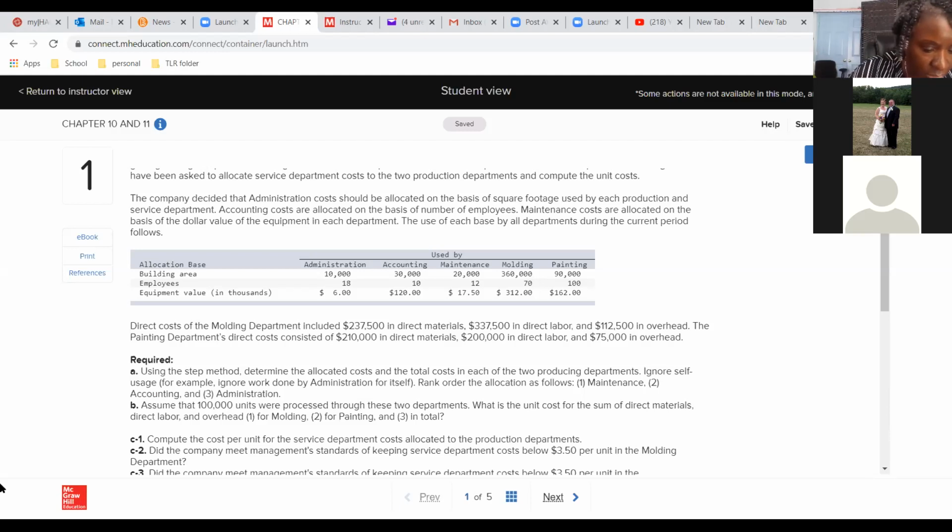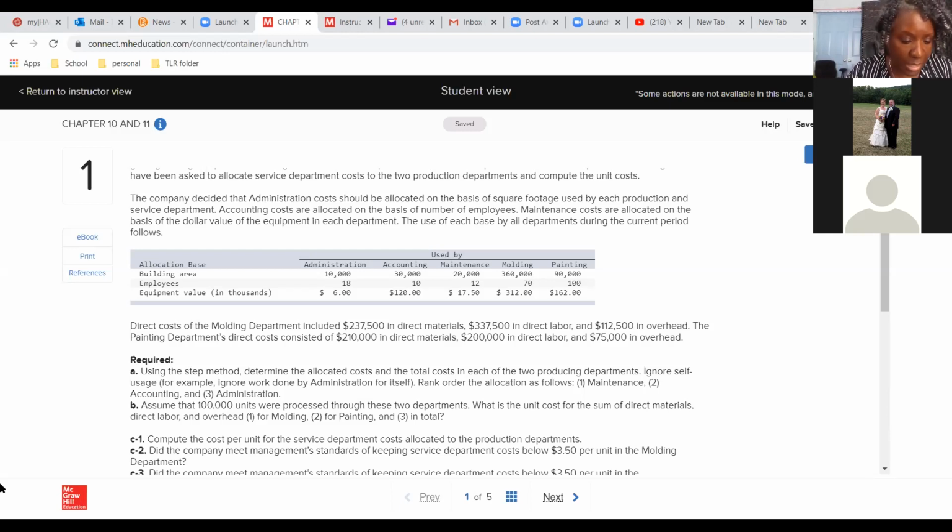Maintenance is going to be allocated based on the department's dollar value. If the department is $120 times 10 people, I get $1,200. Now, what I'm looking at is there's a couple things going on.